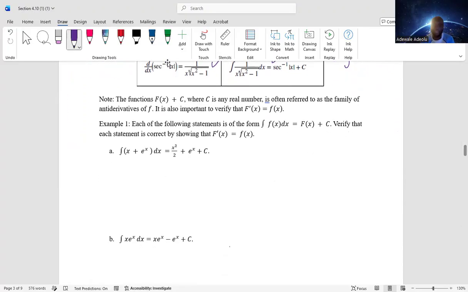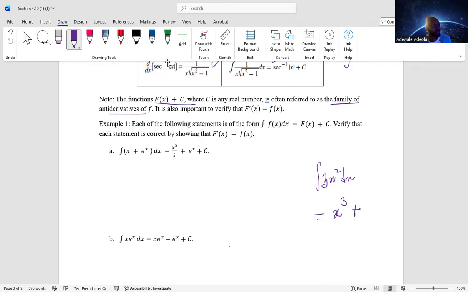Now, just repeating here, notice how we add C. That is because it is referred to as the family of antiderivatives of f. Because the other time when we had, say, 3x squared dx, the antiderivative of this, we said we have x cubed.